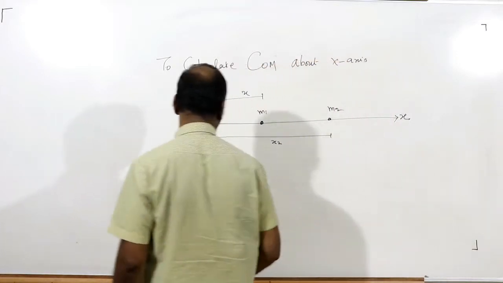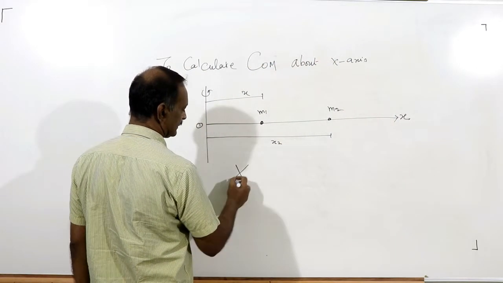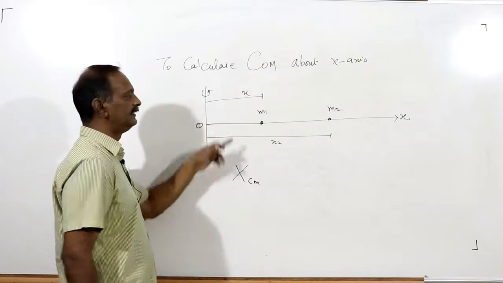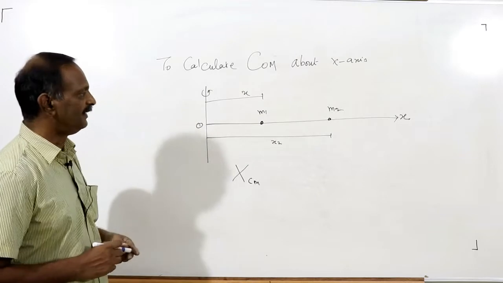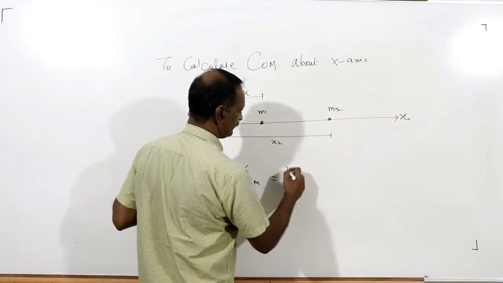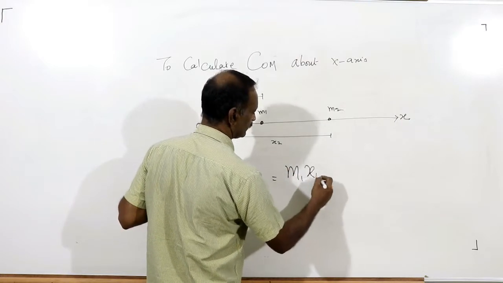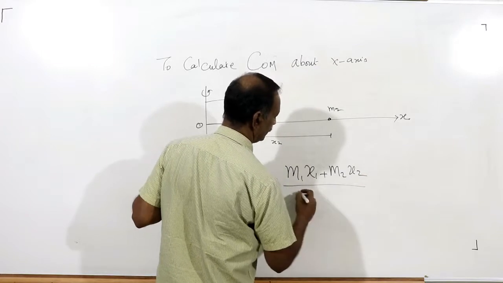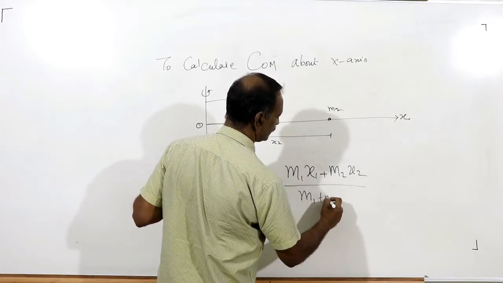So we can write for two particles situated along the x-axis, because the center of mass is about the x-axis, Xcm is equal to m1 x1 plus m2 x2 divided by m1 plus m2.